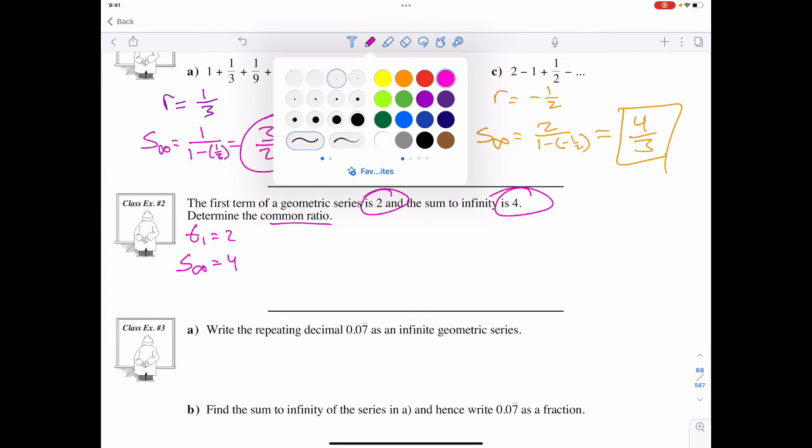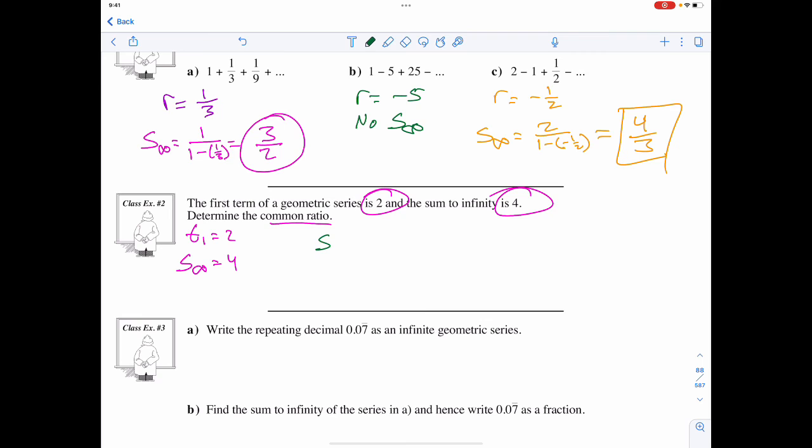So if I use that formula that we've been using and say the infinite sum is equal to my first term divided by 1 minus R, and I'm going to sub in for my infinite sum, 4, then I'm going to multiply both sides by 1 minus R to move that out of the denominator.